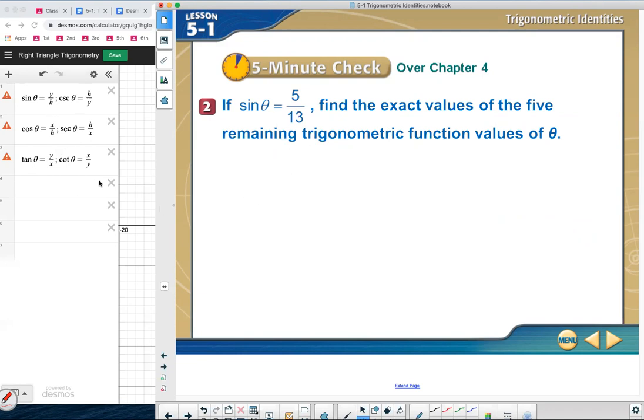I'm going to give us a little triangle to help us out, but before I do so, I'll recommend that we rewrite sine as being y over h. So y over h is 5 divided by 13. Now, for those of you who are spatially really good, you could just set up your Pythagorean theorem and go from there.